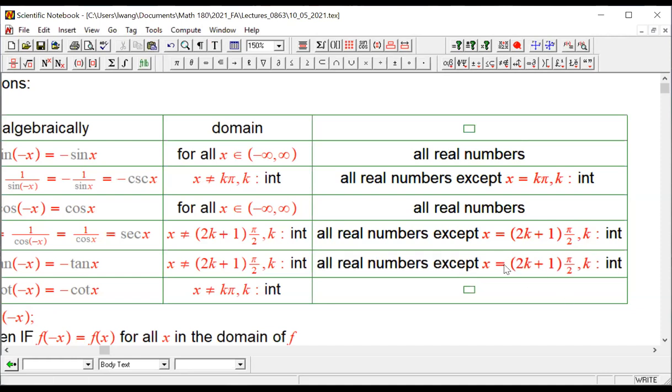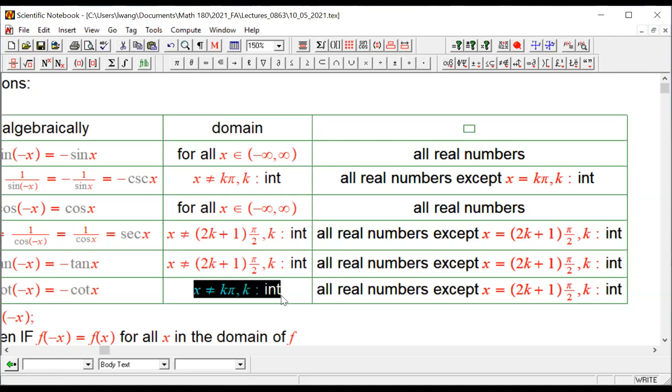But when I say except, should I have the equal or not equal? I think to be correct, I should have not equal. Correct me, please. Are you guys with me? I'm just trying to see if you need it or not.